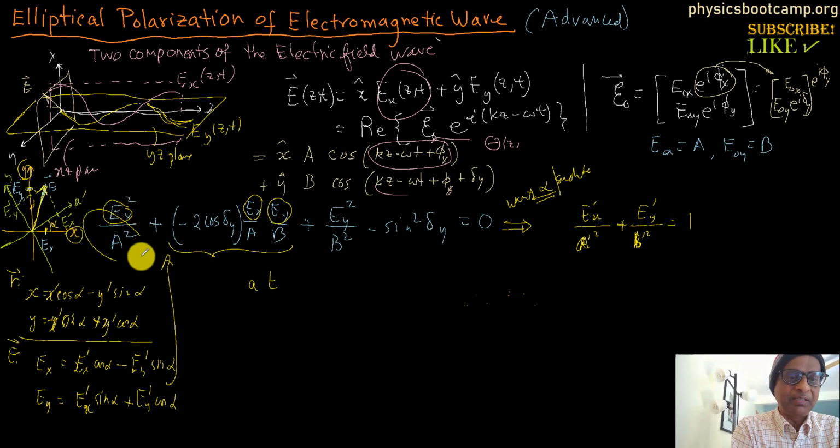So suppose this thing is a, just call it little a, same as the axis, Ex square.